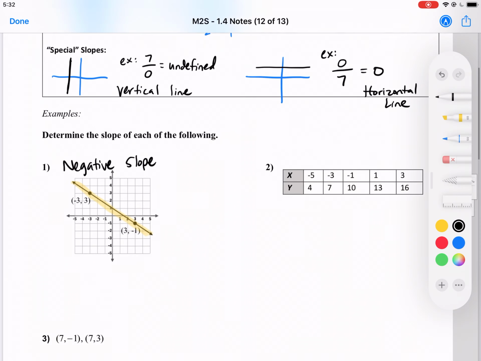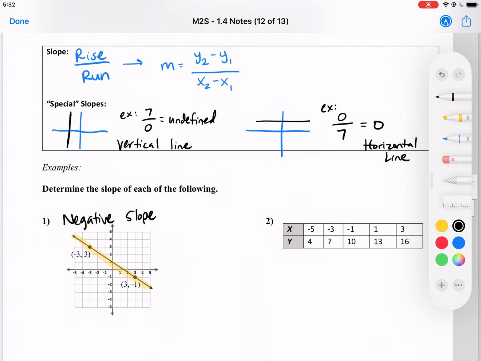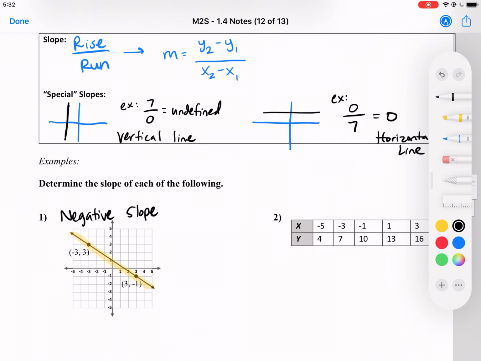Now I'm going to use the formula that's up here, y2 minus y1 over x2 minus x1. The way you use that in this case is the first value is always your x. So let's say this is my x1 and this one's my x2, and then these would be our y's, y1 and y2. We'd plug those in.